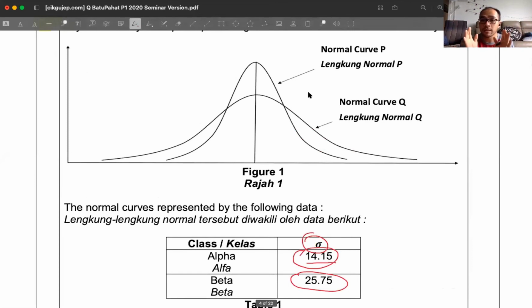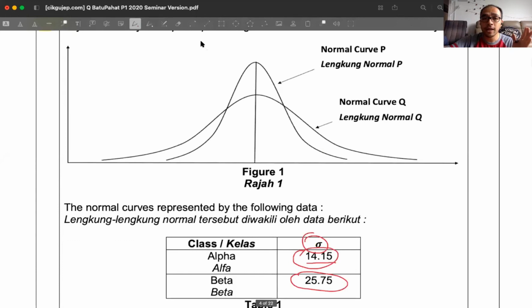The difference is very small. So let's say in your class, kamu punya class you have 25 students and all 25 students, the mark is antara 50 until 60 saja. Semua dapat antara 50 to 60. Okay.